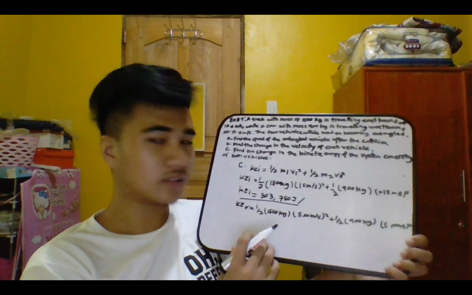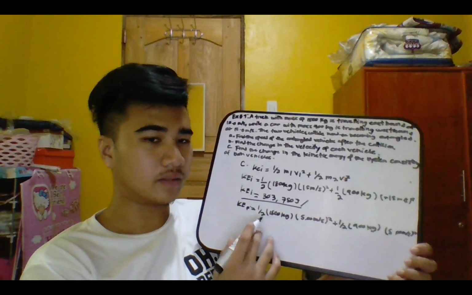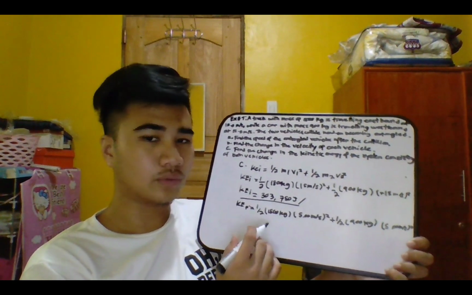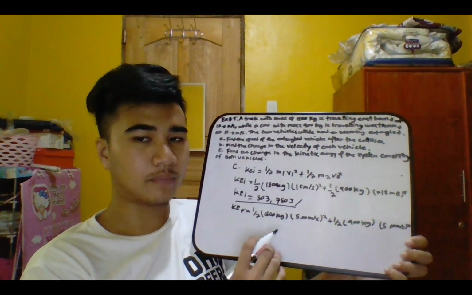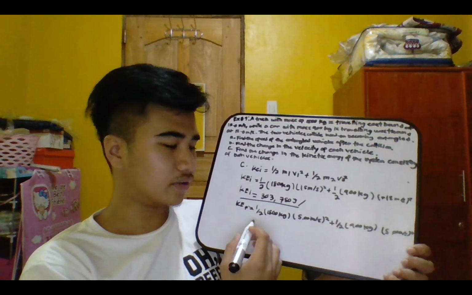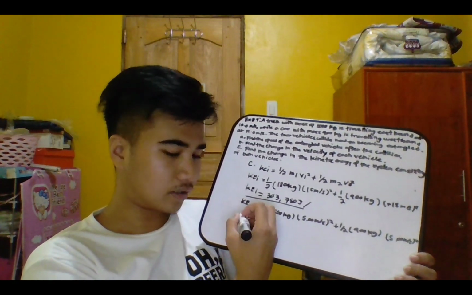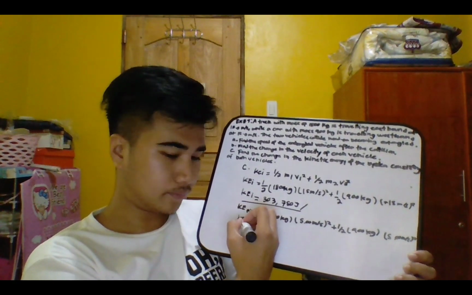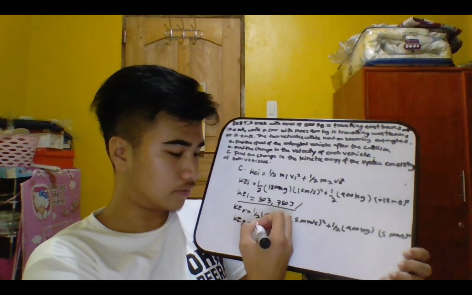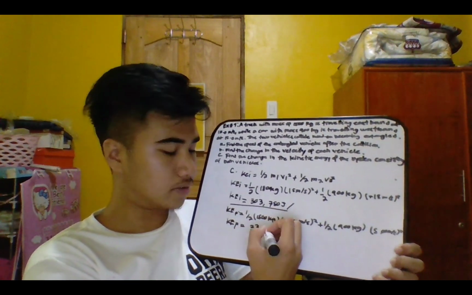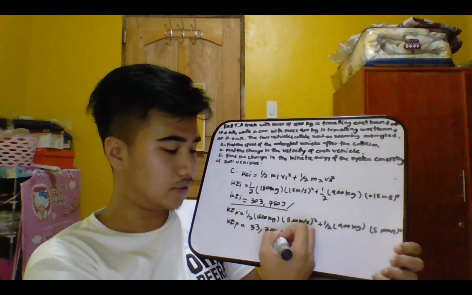Take note, the final velocity we got is positive. That means when they collided and stuck together, they moved in the right direction. By calculating, the final kinetic energy is equal to 33,750 joules.